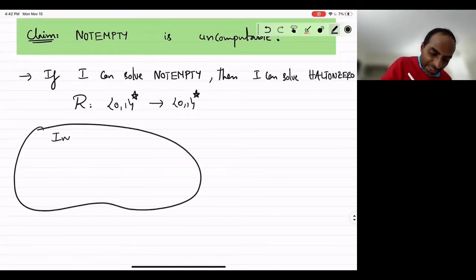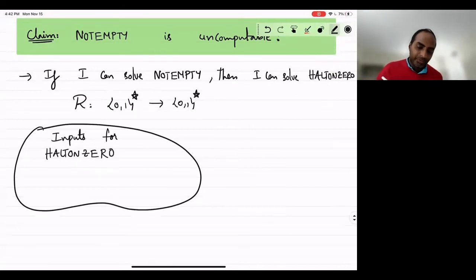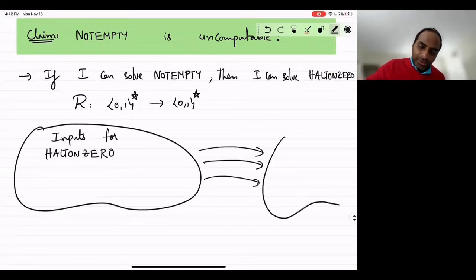So meaning I need a way to translate inputs for halt on 0 to inputs for not empty.